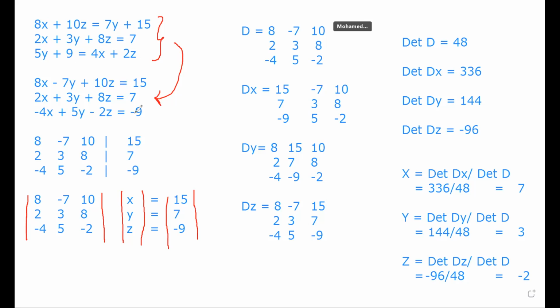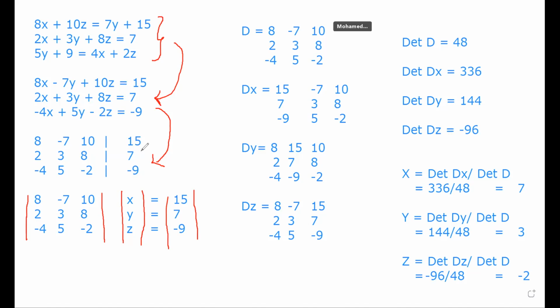After this, you have to form the basic matrix formula. All the x coefficients come in the first column, the y coefficients come into the second column, and the z coefficients come into the third column. And these constants come out in this area.